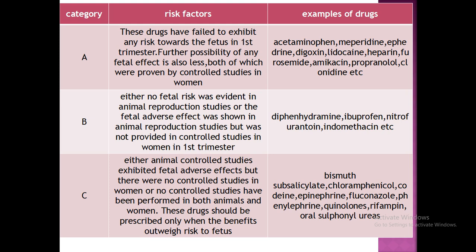Examples of drugs are acetaminophen, nothing but paracetamol, meperidine, which is an opioid analgesic, painkiller, ephedrine to treat low BP during anesthesia. When the patient is administered anesthesia before surgery, the BP falls all of a sudden. So they will be administering ephedrine to the patient.